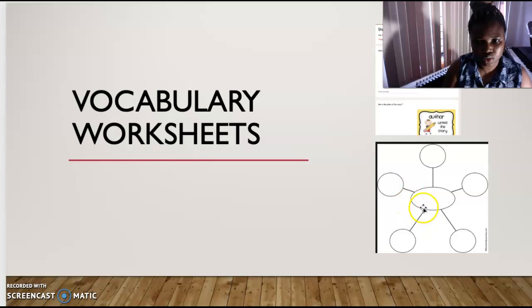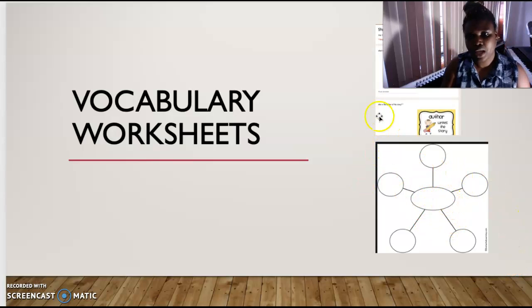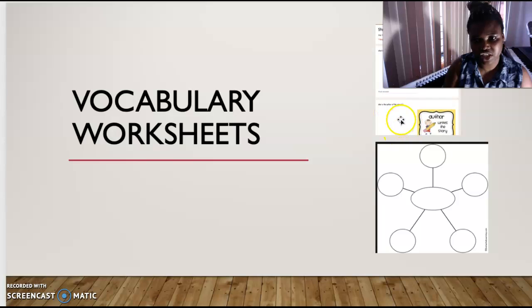This one will be used by the regular kids, and this one will be used for the focused learner. For the regular case, we put the story element in the middle, and all the story element words will revolve around it. And then this one is differentiated for the focused learner.